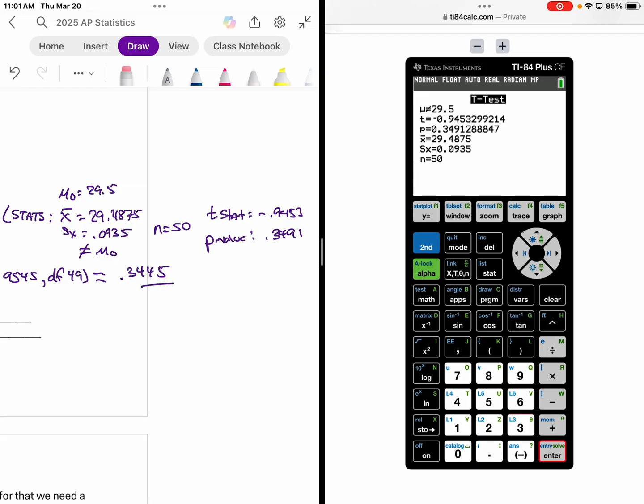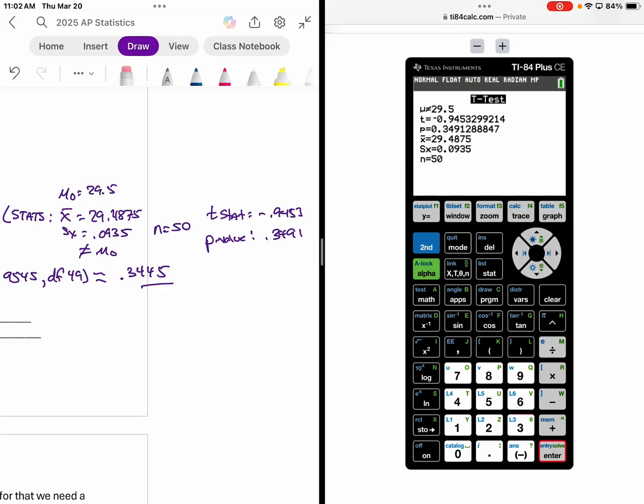Remember, why is it different? When I'm doing the calculator t-test, it is using the fancy formula to get the degrees of freedom. Whereas when we do it by hand and use 49, it's shortcutting it a little bit.